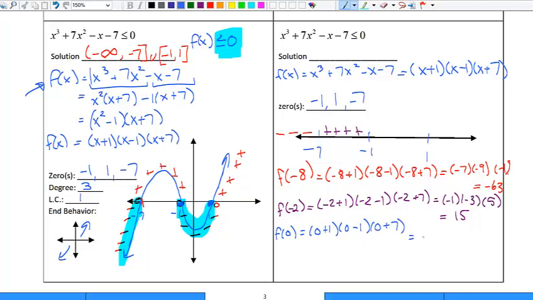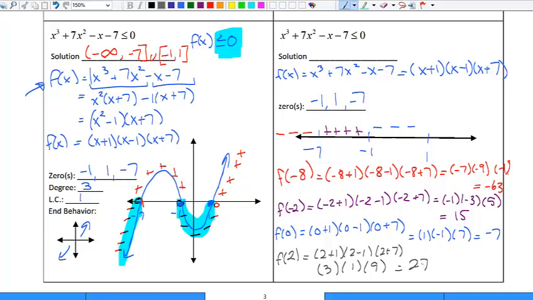When I multiply that out, I'm getting 1 times -1 times +7, which is -7. And the last one, I need something to the right of 1. We'll pick 2. So that's 3 times 1 times 9, which is 27. But the most important part is that it's positive.